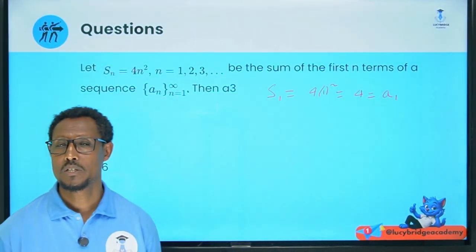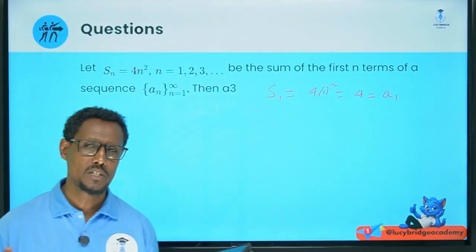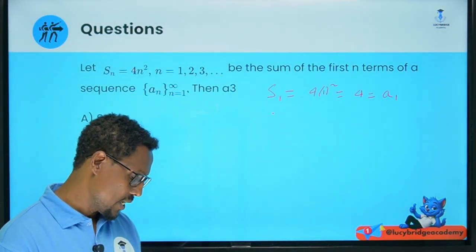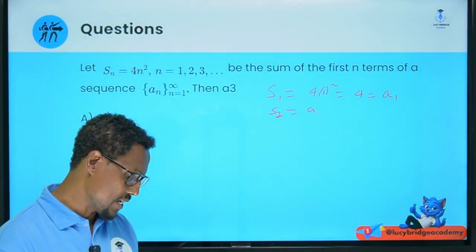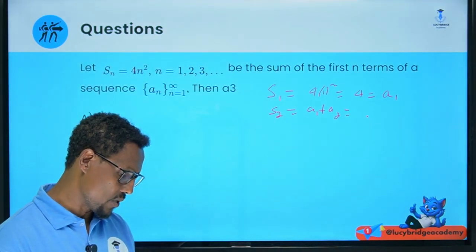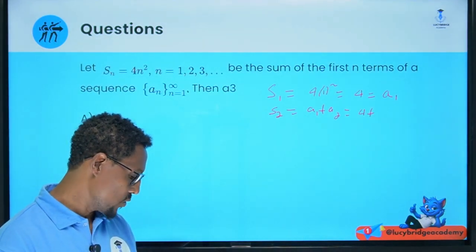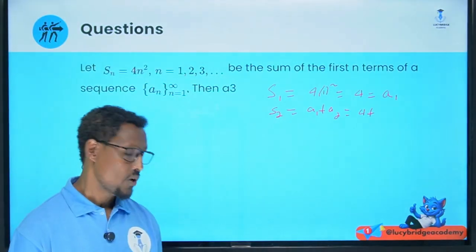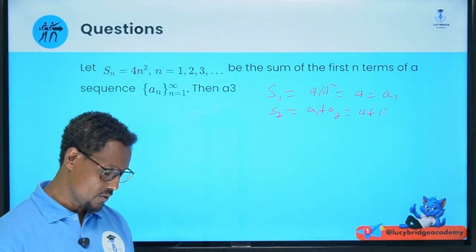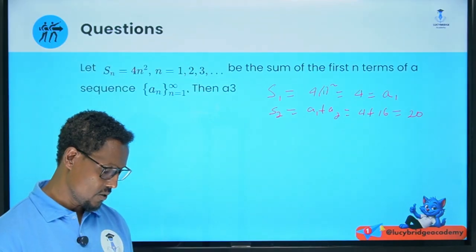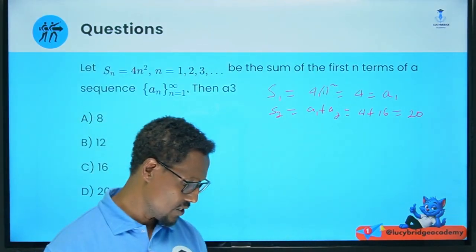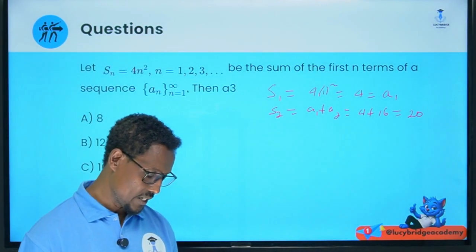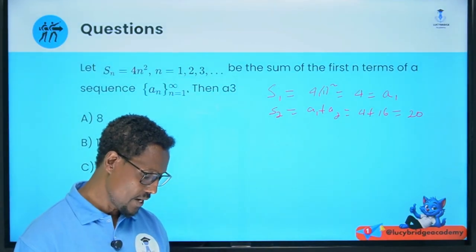But what is S2? S2 means A1 plus A2, which is 4 plus A2. When n is 2, 2 squared is 4, and 4 times 4 is 16, which is equal to 20. So S2 is 20. It continues, but we are asked to find A3.